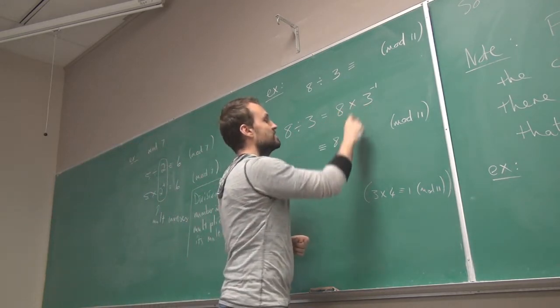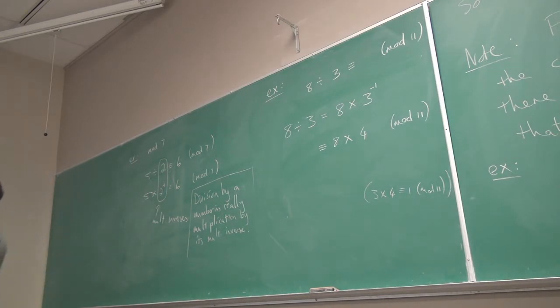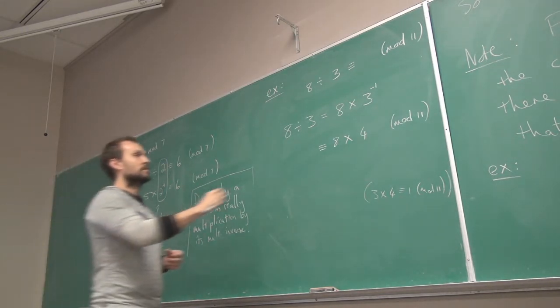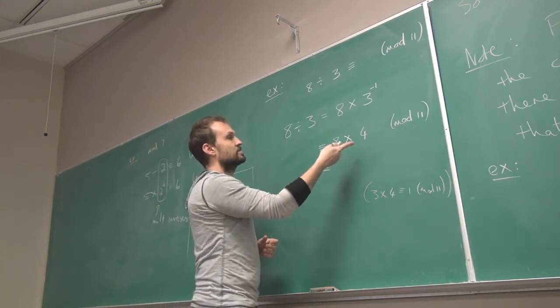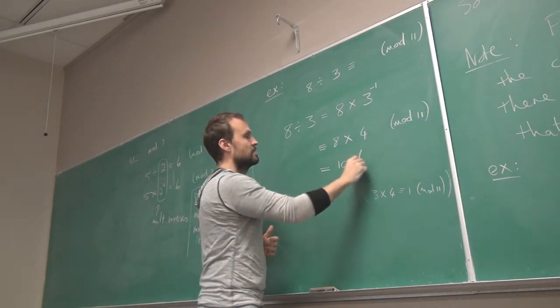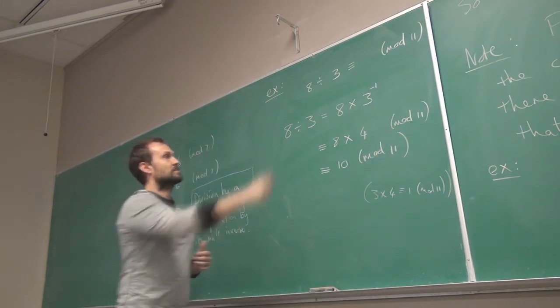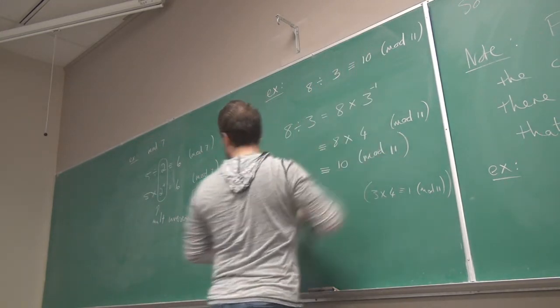So 3's inverse is 4. And now I've rewritten this as multiplication, which feels so much nicer and easier to work with. 8 times 4 is 32. 32 mod 11 is 10. So the answer up here is 10.